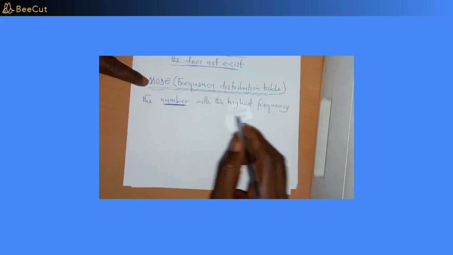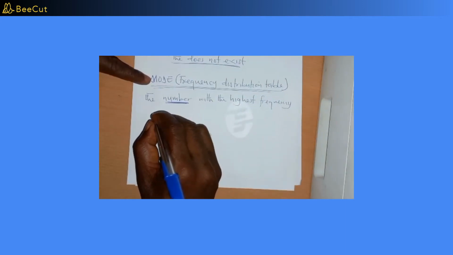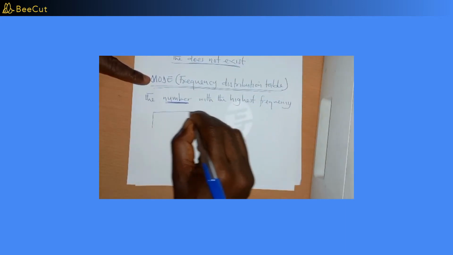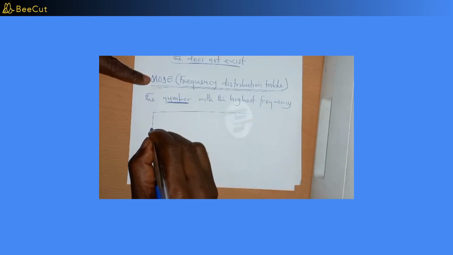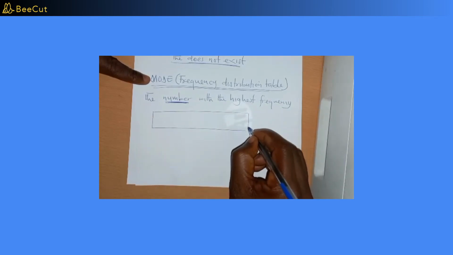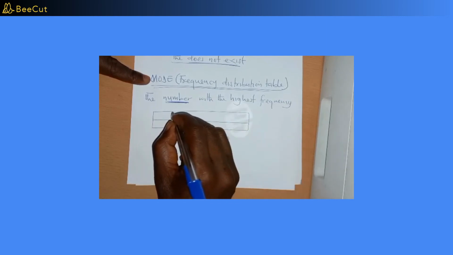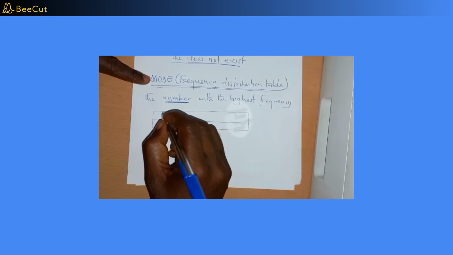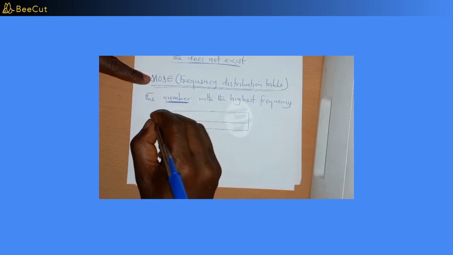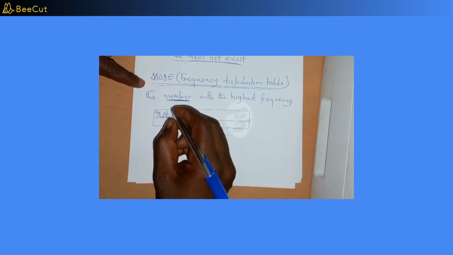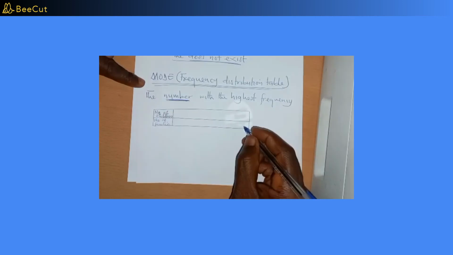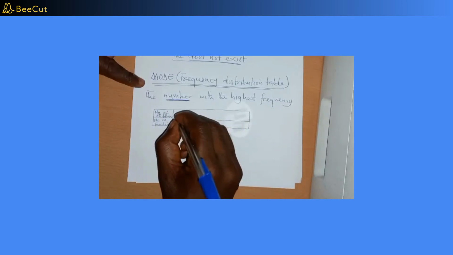Let's take an example. Say I have a table with number of children and number of families.